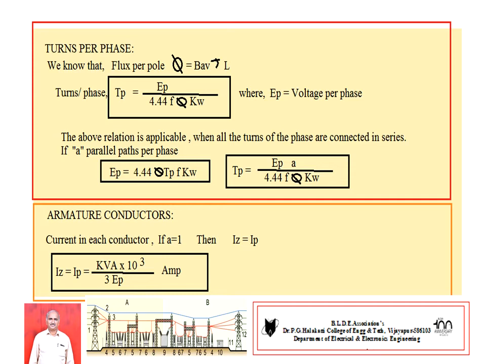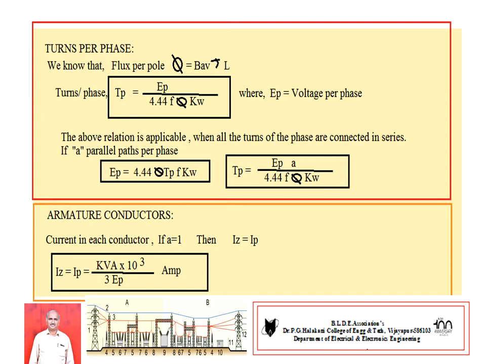Current in each conductor, IZ equal to IP, that is phase current. This is true when the number of parallel paths is 1, A equal to 1, then IZ equal to IP. So what is the phase current? KVA rating in volt ampere per phase divided by EP, where EP is phase voltage.